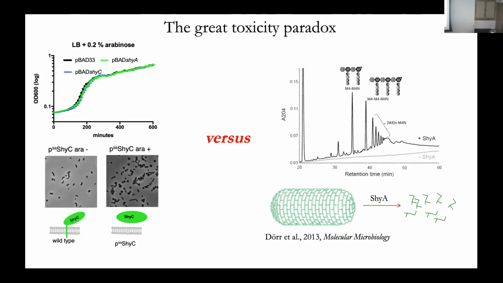So if you purify them, they're inactive unless you add the activator protein. That doesn't seem to be the case for the endopeptidases, because they're highly active. So it could be that there's some sort of a negative regulator, but that you would overcome at some point, at least here during rapid growth. So it's kind of puzzling, right?